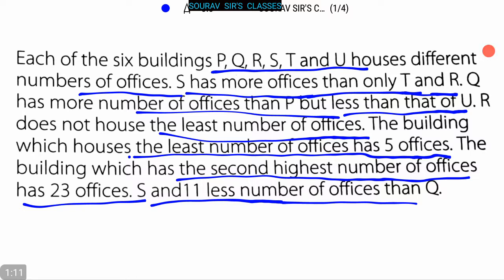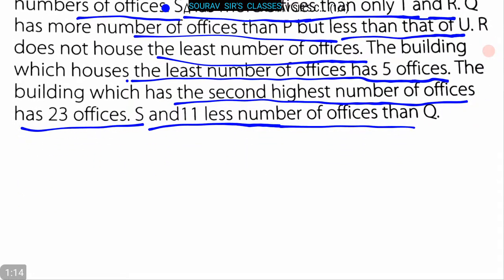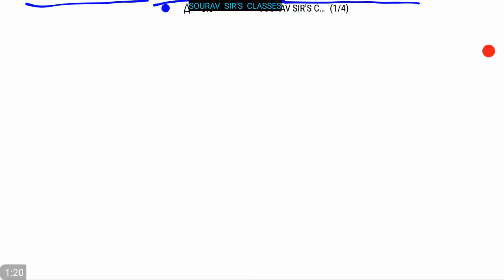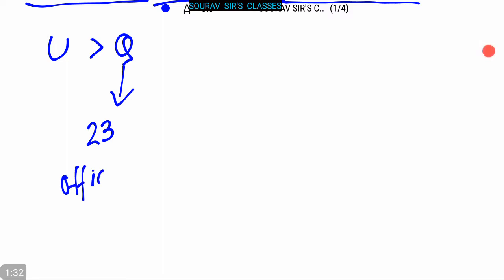So here let's at first make a sequence of the buildings on the basis of the offices. So now let's take U at first, then Q. Q has 23 offices. Now after Q, here is P, and then is S, that has 11 fewer offices.